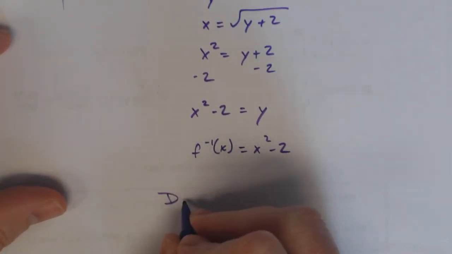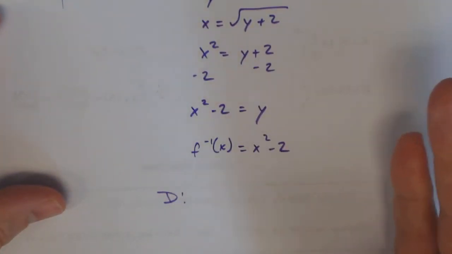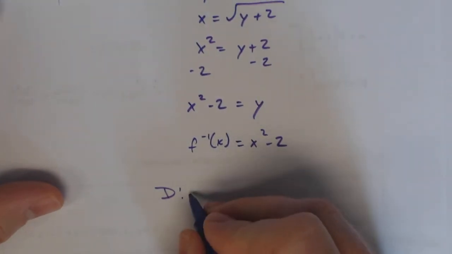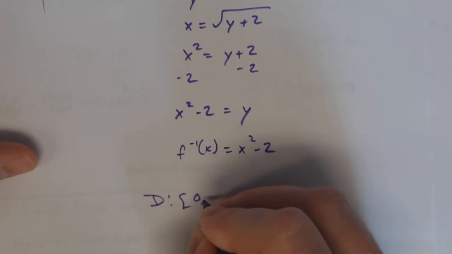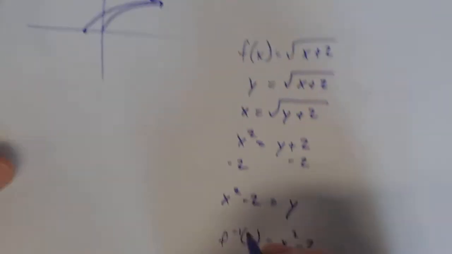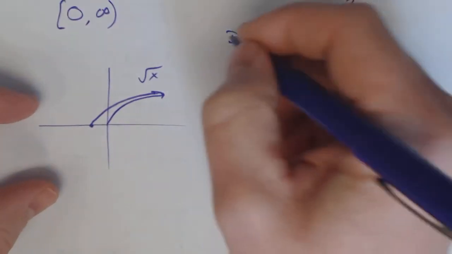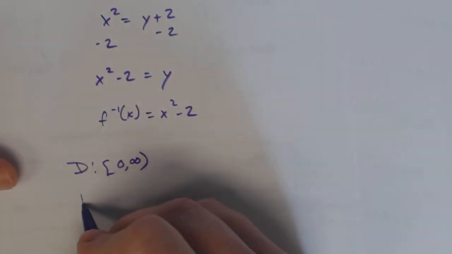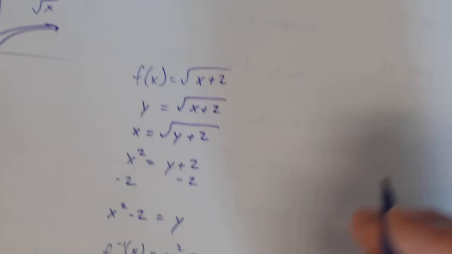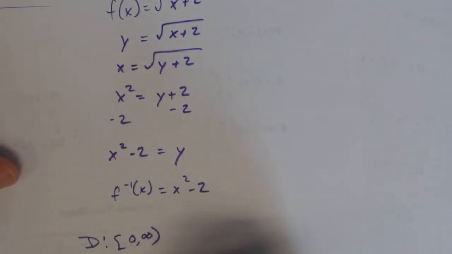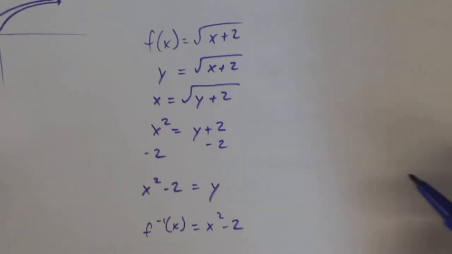Now what's the domain of this? Part C asks what's the domain and range. Well, the domain is the range of the original. And then the range of the inverse is the domain of the original. I don't know if I said that correctly. Let me say it one more time just to make sure.